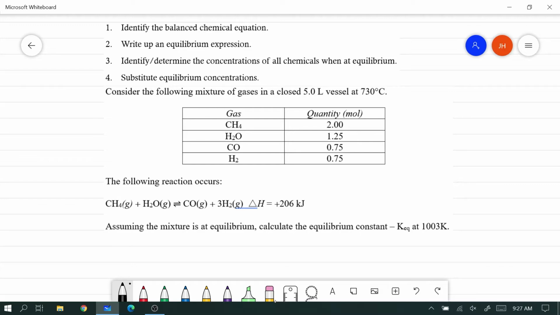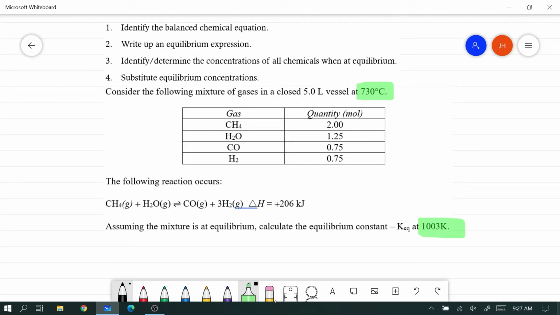And so we're told what that equilibrium is between the methane and the water forming carbon monoxide and hydrogen gas, and then the reverse reaction also being present. What we're being told is to assume that the mixture is at equilibrium and to calculate the equilibrium constant Keq at 1003 degrees Kelvin.